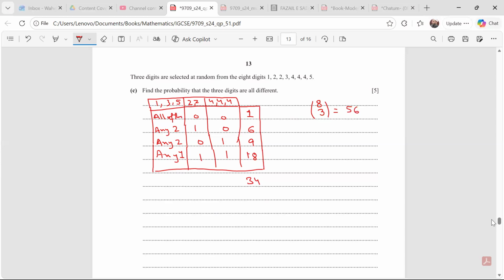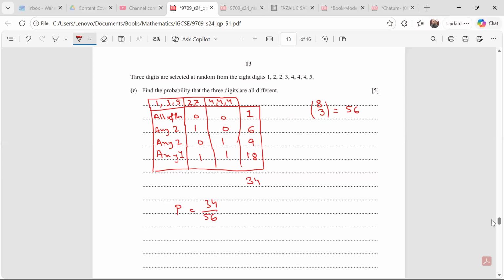So there are a total of 56 different ways. Out of them, 34 give the unique combination. So the probability of getting all different digits is 34 over 56.